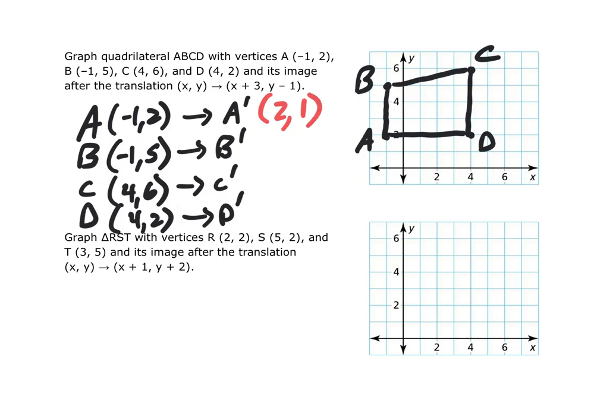So we're going to go over 2, up 1. Okay, -1, 5. I'm going to go right 3. And I'm going to go down 1.